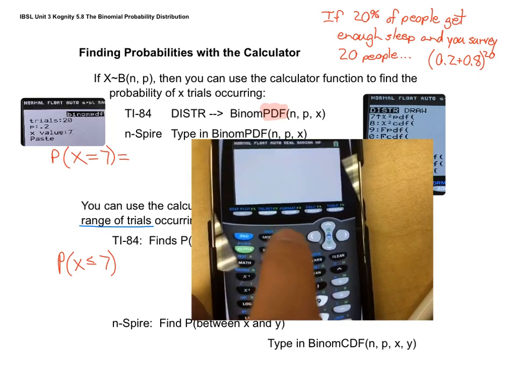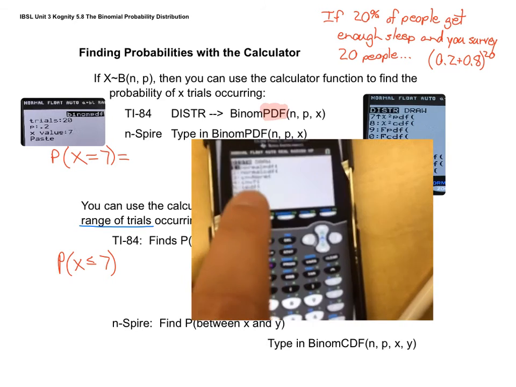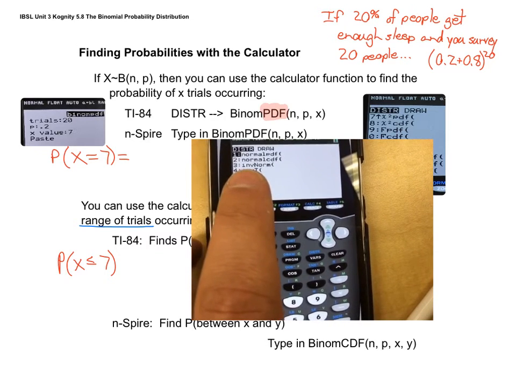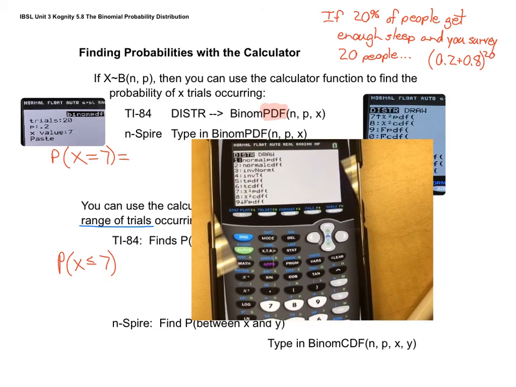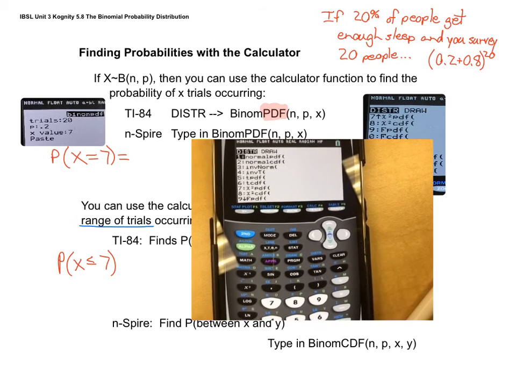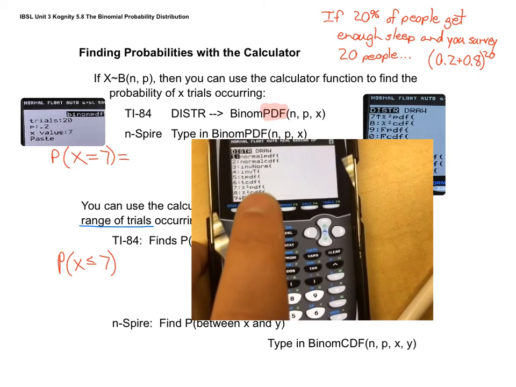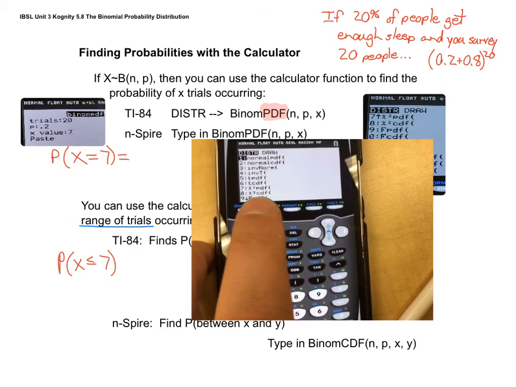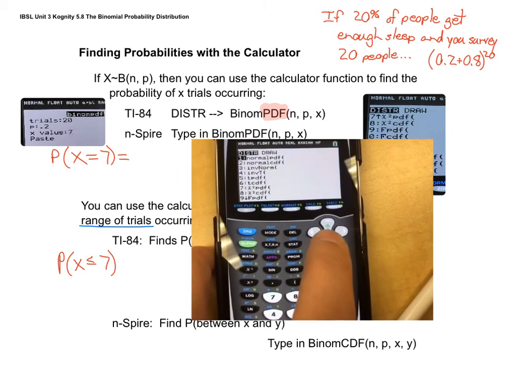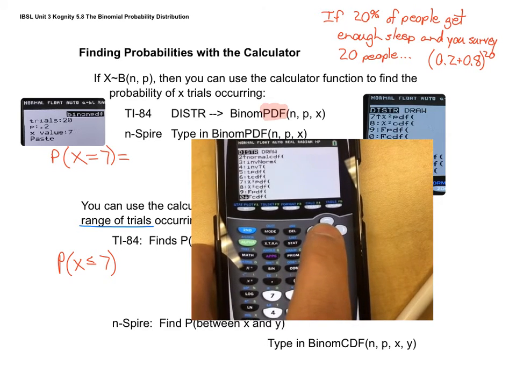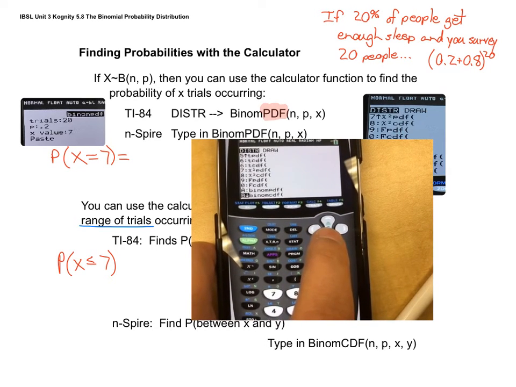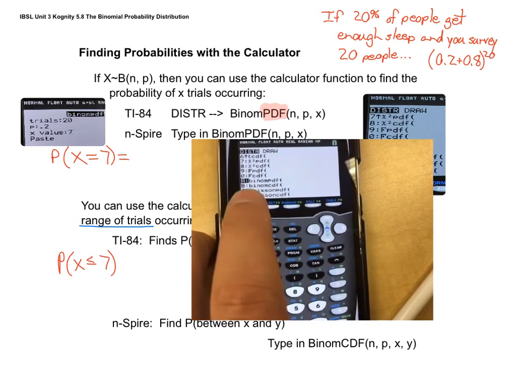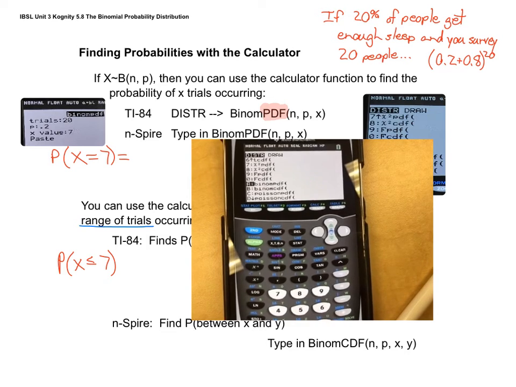If I hit second distribution, you'll see normal on the first three, and we will use two of those three very soon. There's a T distribution, a chi-squared distribution, number 7 and 8, an F, and a Poisson. But what we want is binomial.